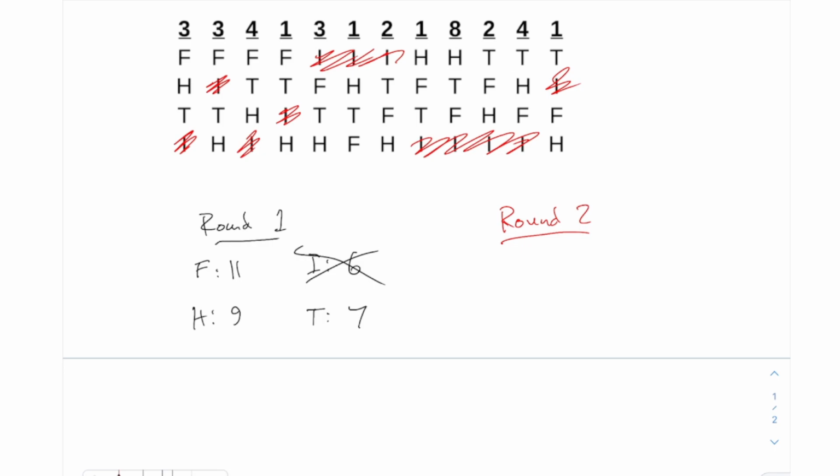So I'm just counting how many times F is on the top row, and how many times H is on top. That's right. But you have to take these numbers into account also, right? So you just add them. Yes. So you don't go 1, 2, 3, 4. You actually add those numbers. So you just say 3 plus 3 plus 4. Yep. And then in round 2, you also add that because F is now on top of it. Okay. Thank you.